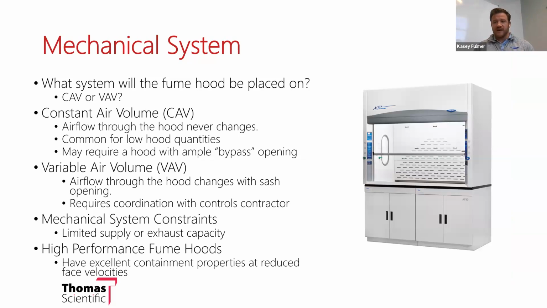So it might be more friendly to an exhaust system or supply system that has limited capacity. Also, if you have a customer that was looking to increase from a 4-footer to like a 6-footer, a high performance hood might be able to work with the airflow or the volumetric rate that was used for that other hood, due to the fact that it's able to be run at lower face velocities because of its containment properties.